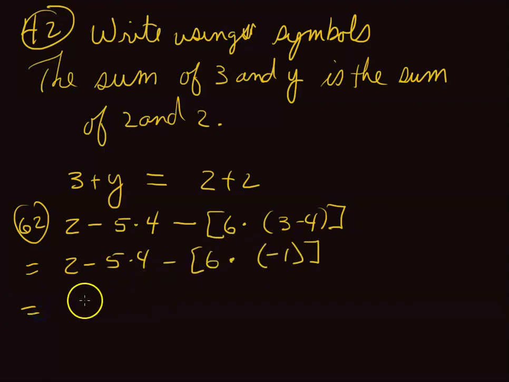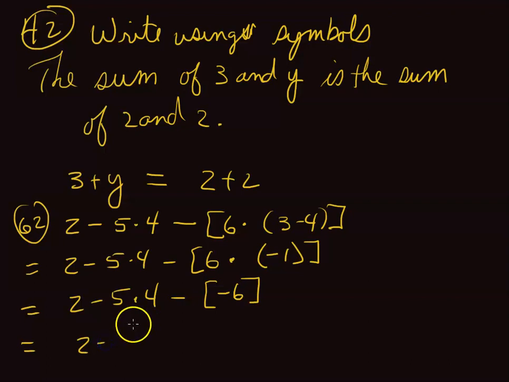Now we do these square brackets. 2 minus 5 times 4 minus, well, 6 times a negative 1 is a negative 6. So 2 minus, I'm going to do one more step here. 5 times 4 plus, because minus a negative is plus 6.